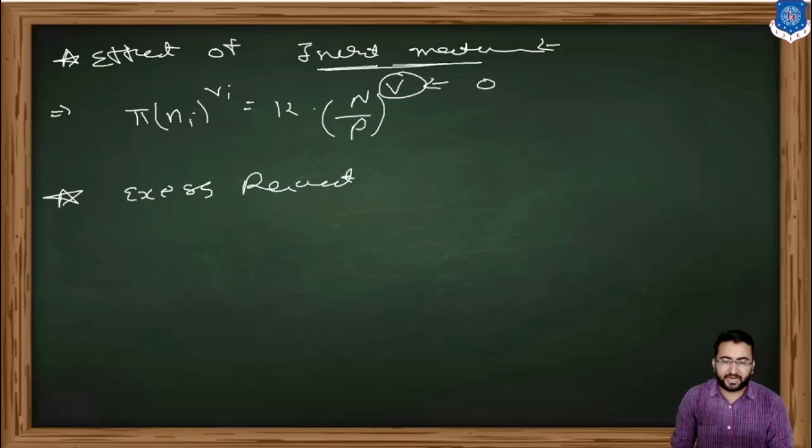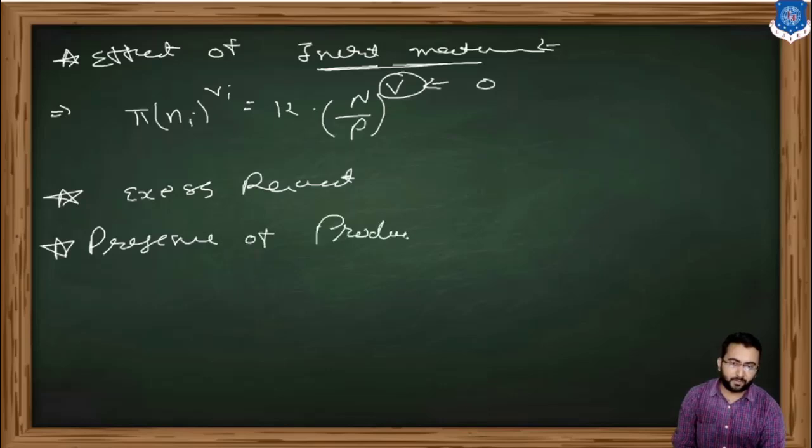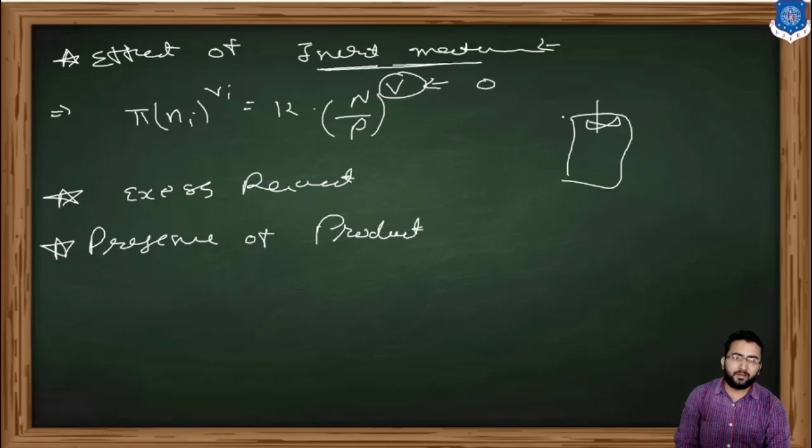Then the next factor is the presence of product. Suppose there is a reactor. If we provide excess reactant, then the reaction moves faster and produces more product.